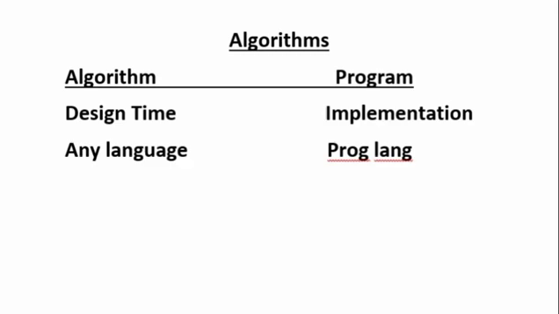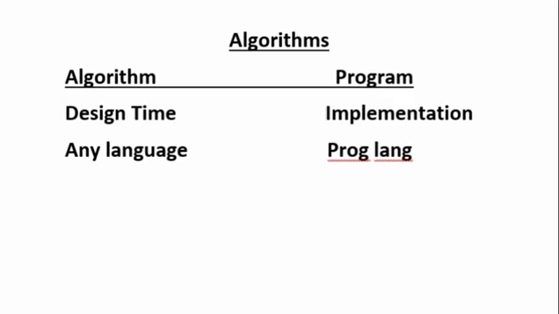Now, who writes an algorithm? The question arises: can only a programmer write an algorithm or a program, or can anyone write it? A person who has domain knowledge, who has a basic knowledge of programming and can make a proper solution to the problem that arises, or can suggest the best solution to that problem, can write an algorithm.